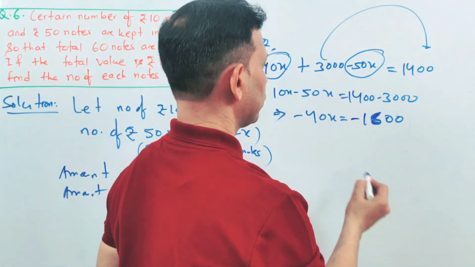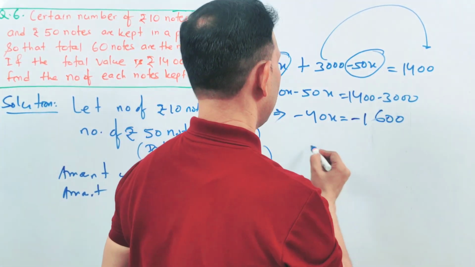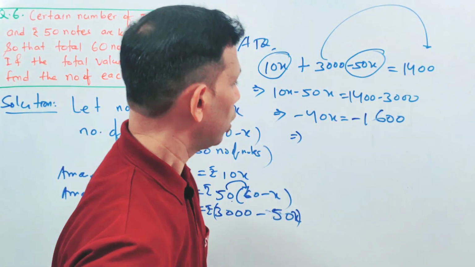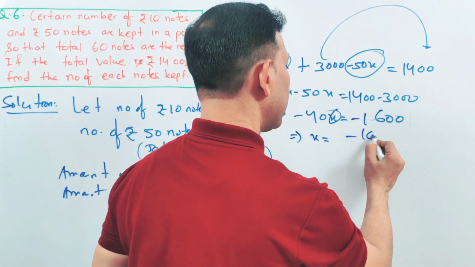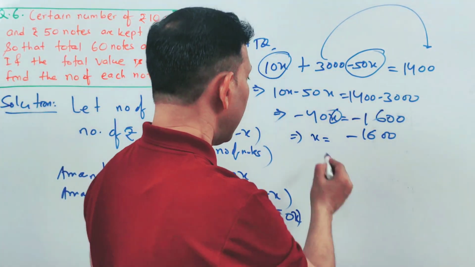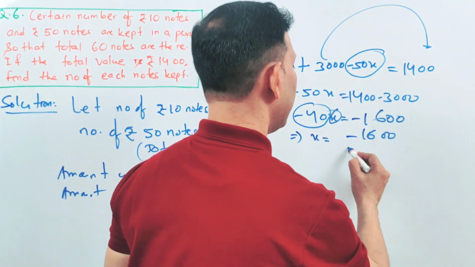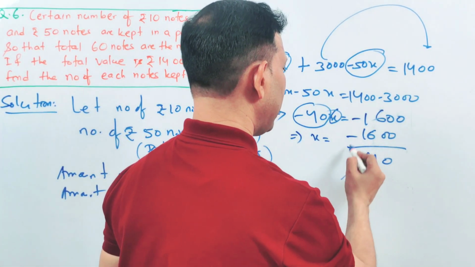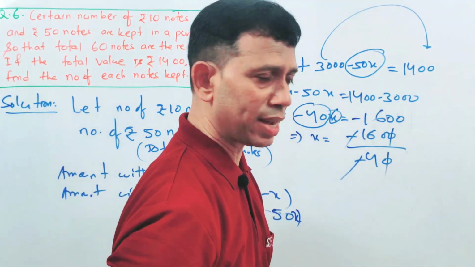It looks a bit clumsy, so make it clear. Now you need to find the value of x. So x is equal to minus 1600 divided by minus 40. Minus minus cancel to positive, single zero cancels.